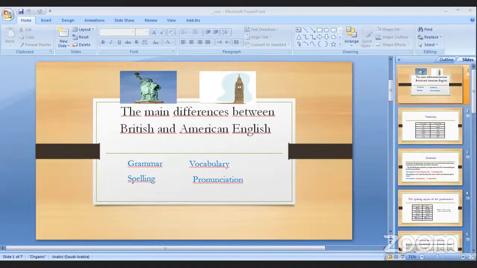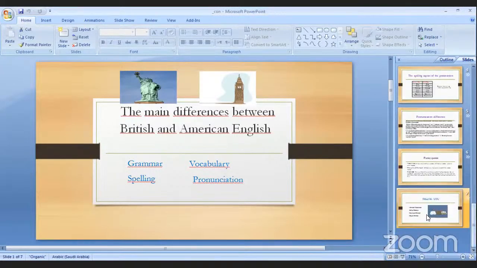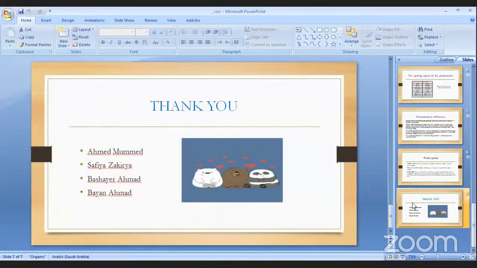The first group, the PowerPoint of group number 1. This group includes Ahmed, Mohamed, Safiya, Zakaria, and Bashir Ahmed, and Bayan Ahmed.